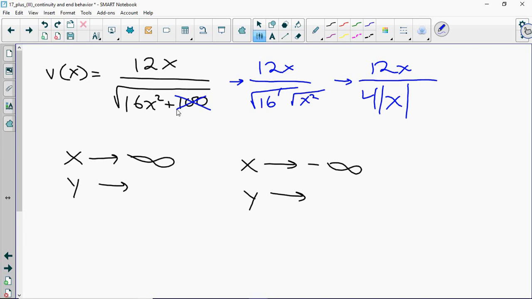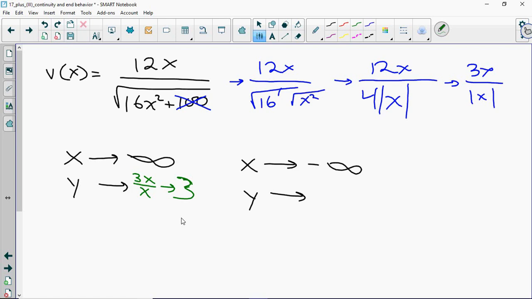We can now simplify this to be 3x over the absolute value of x. So now when x goes to positive infinity, if x is positive, then the absolute value of x is just x, which means this is going to simplify to 3. I will have a horizontal asymptote of 3 as x approaches positive infinity.